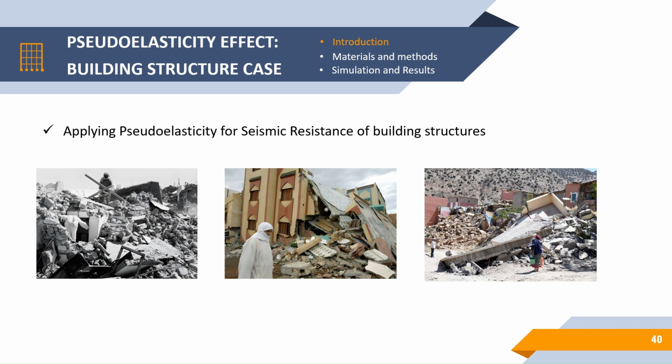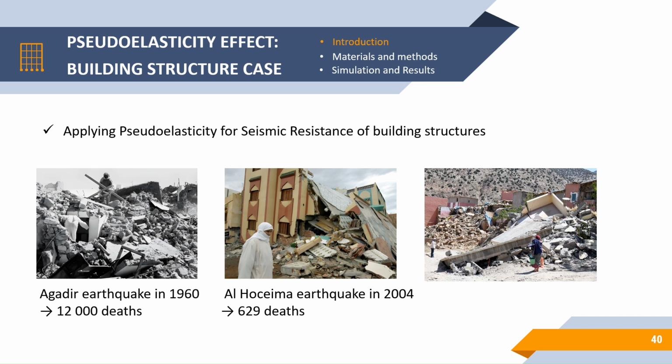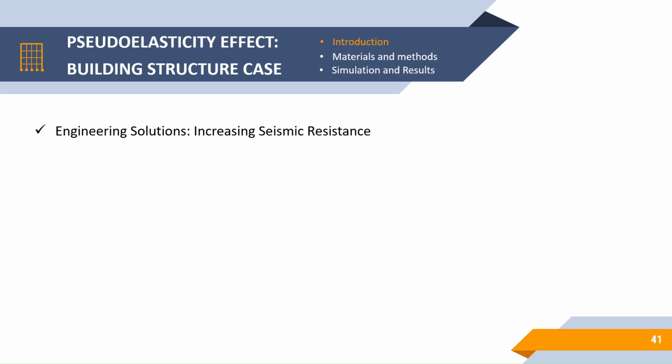Morocco, for instance, has recorded 3 significant earthquakes: the Agadir earthquake in 1960 with 12,000 deaths, the Al Hoceima earthquake in 2004 with 629 deaths, and most recently, the Al Haouz earthquake in 2023 with 2,901 deaths.